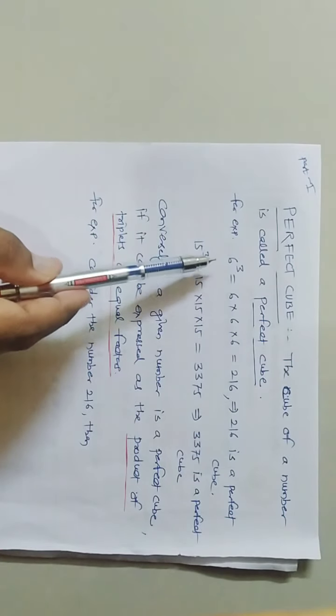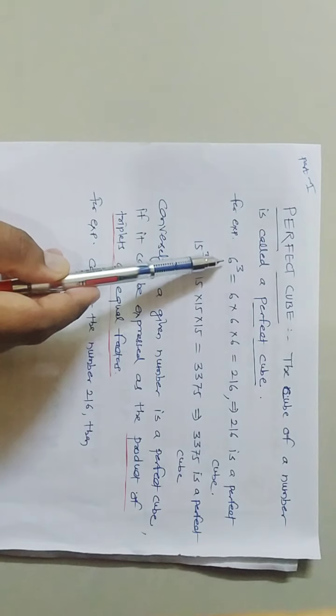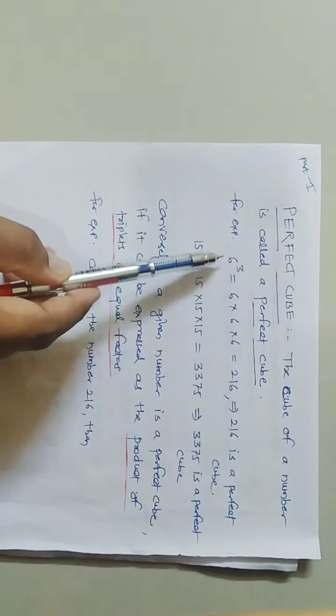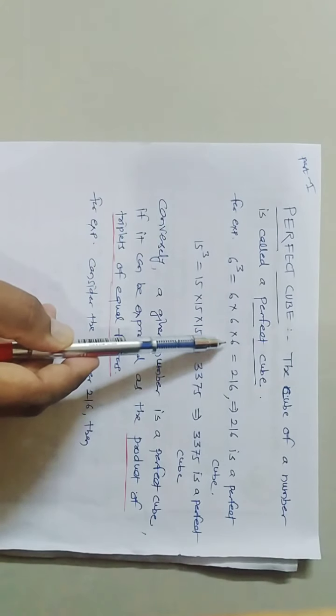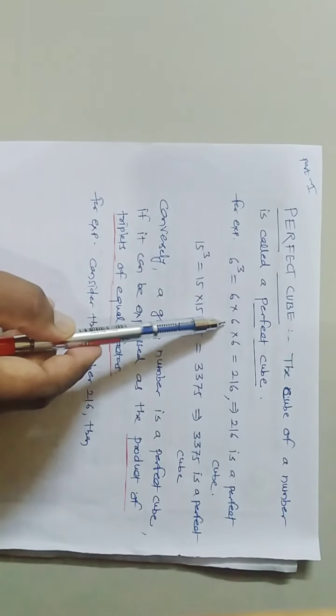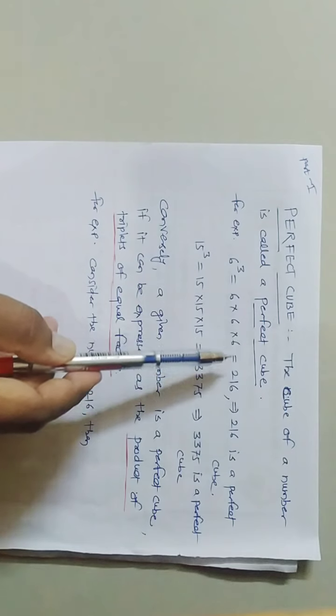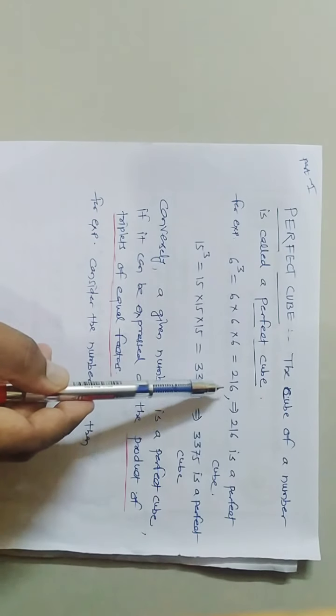For example, consider the number 6. So 6 raised to the power 3, or 6 cube, is equal to 6 multiplied by 6 multiplied by 6. 6 sixes are 36, 36 multiplied by 6 is equal to 216.